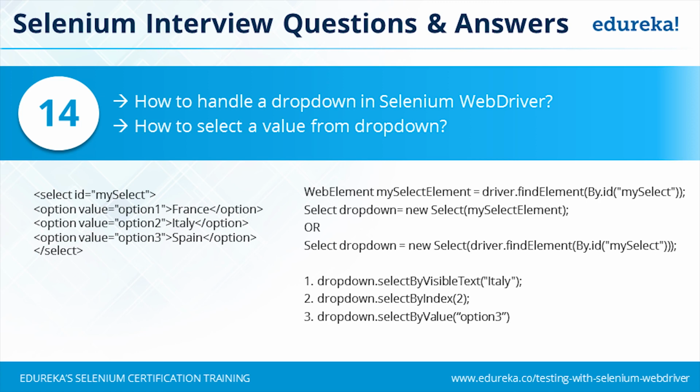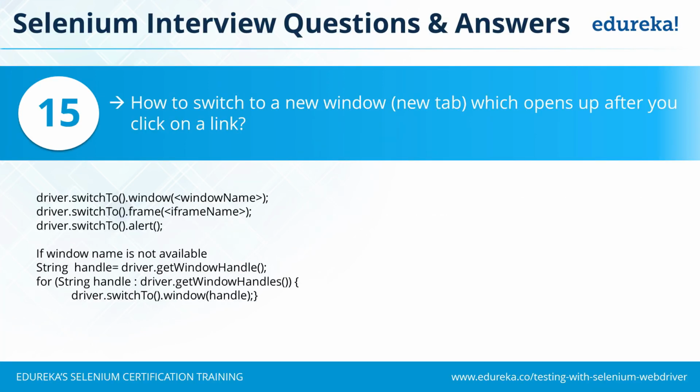Do remember. The next is how to switch to a new window. That is a new tab which opens up after you click on a link. So if I click on a link and a new window or a new tab is open, then I want to switch the reference of my WebDriver from the existing window to the newly opened window and perform operations on the newly opened window.